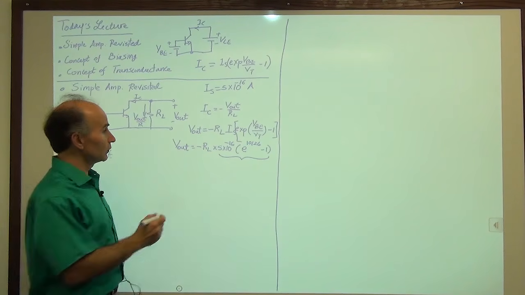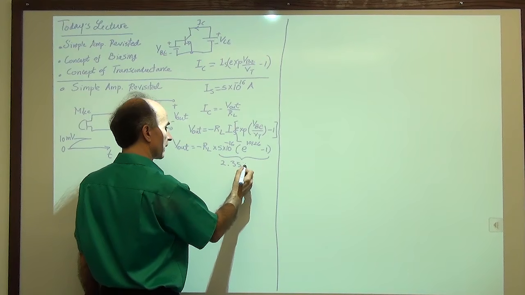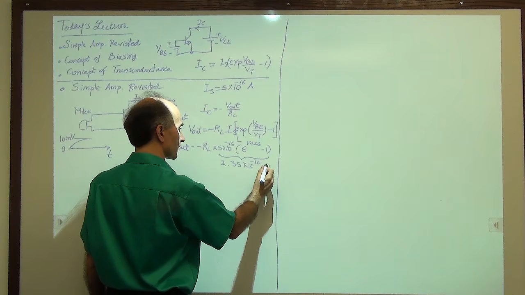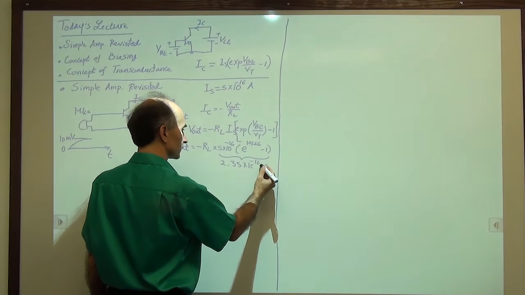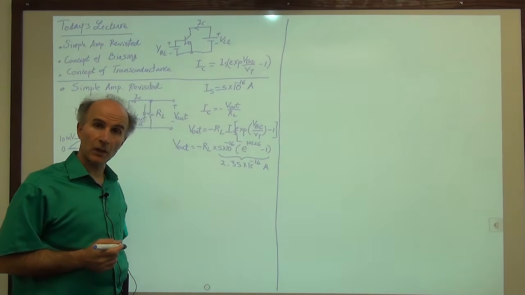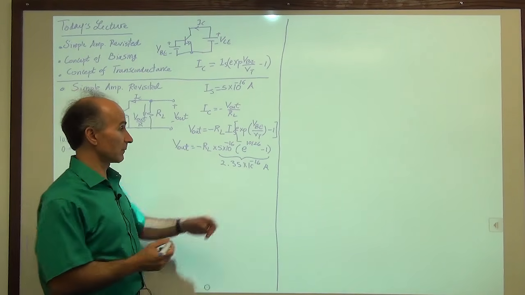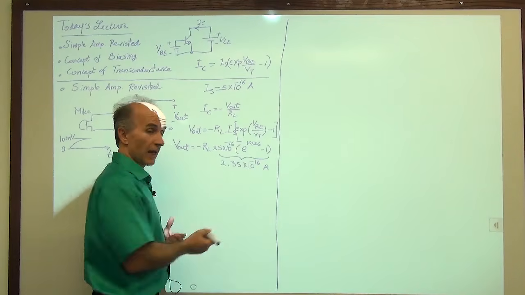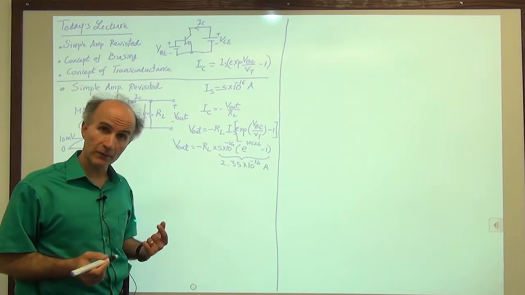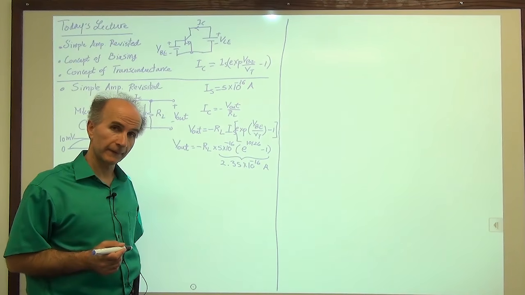You get 2.35 times 10 to the minus 16 amperes. So is the current small or large? It's very small, right? It's very, very small, 10 to the minus 16. And that's not surprising. We gave the base emitter voltage only 10 millivolts from the microphone directly, and as a result, we got a very small current.